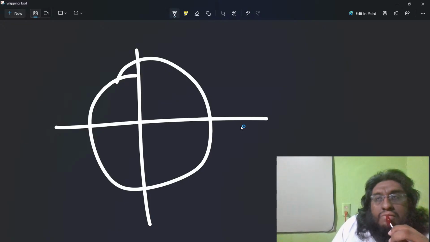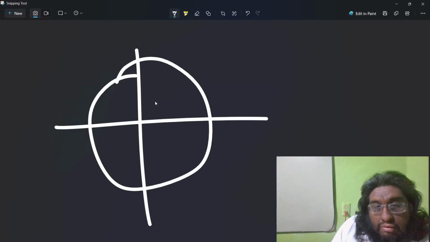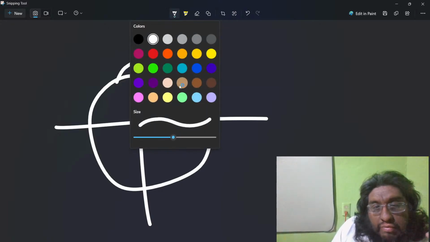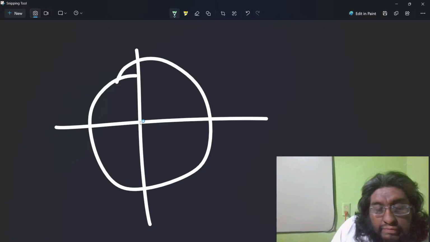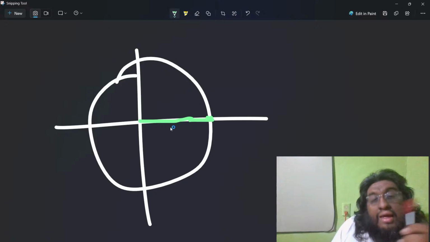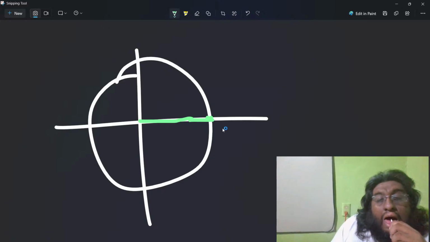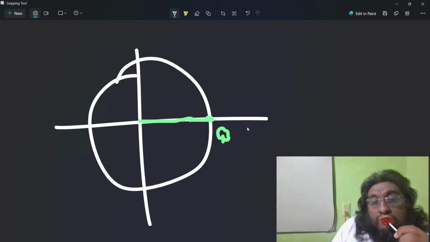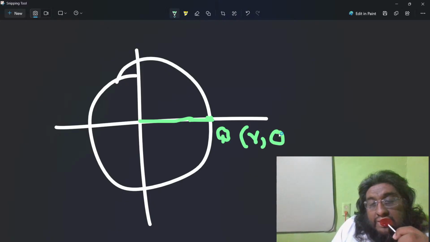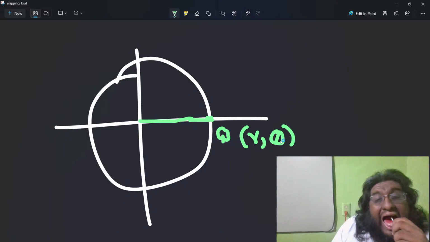This is some radius with point Q, radius R0.